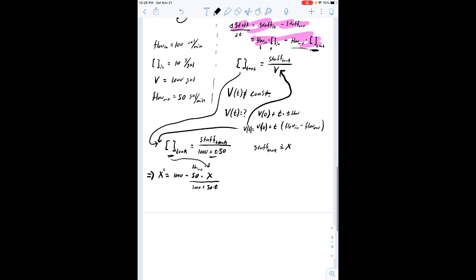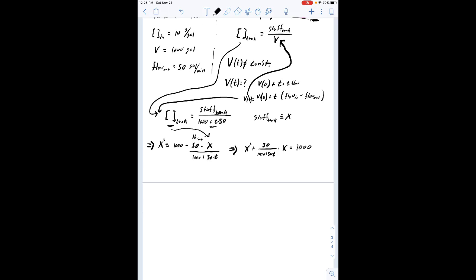Over 1,000 plus 50 times T. Okay? And now, again, this is why I solved it using the integrating factor method last time, because it's a great method, and we can use the same thing over here. So we get X prime plus 50 over 1000 plus 50T times X is equal to 1000. Okay? So we get e to the integral of 50 over 1000 plus 50t dt.